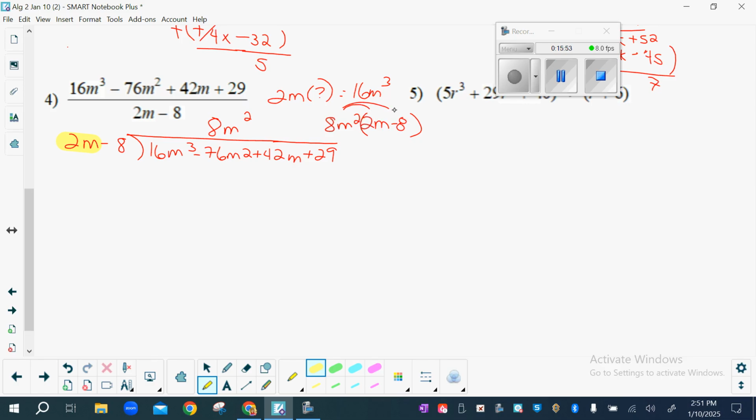And then here in this group, what do we get when we multiply it by the 2m minus 8? Yep. Yep, good. Squared.